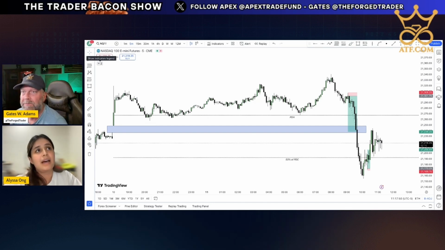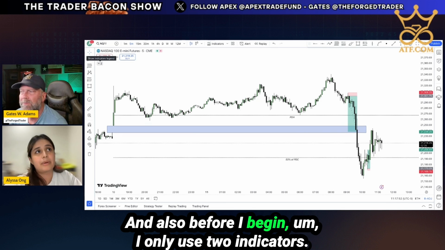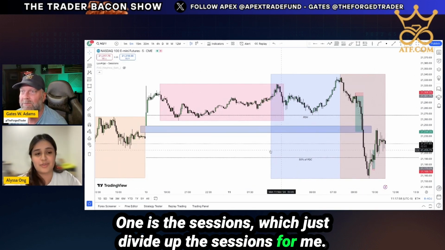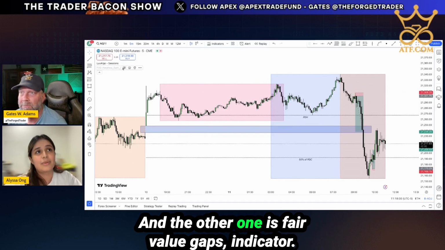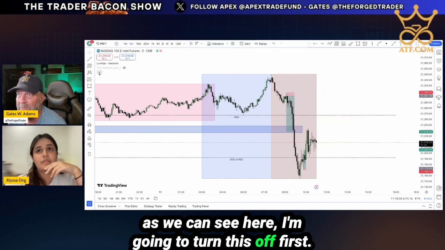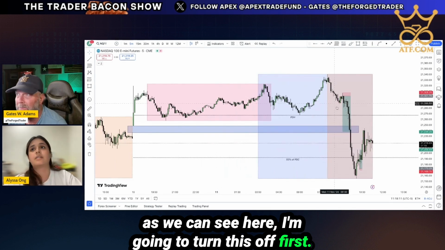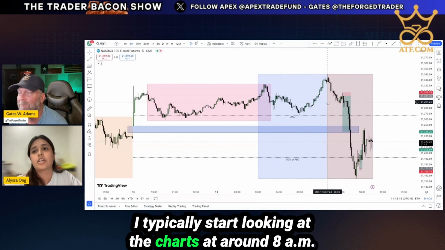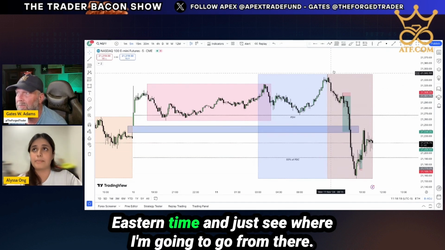Also, before I begin, I only use 2 indicators. One is the sessions, which just divides up the sessions for me. And the other one is the fair value gap indicator. As we can see here, I'm going to turn this off first. So we see New York open. I typically start looking at the charts at around 8 a.m. Eastern time and just see where I'm going to go from there.